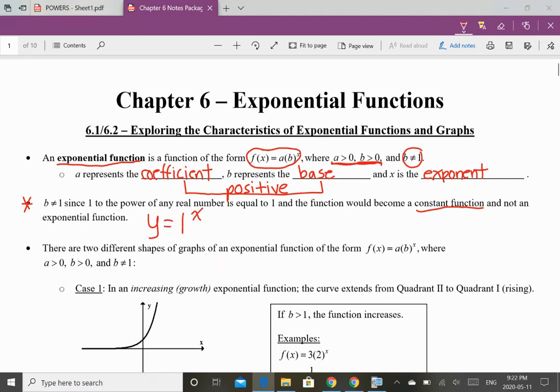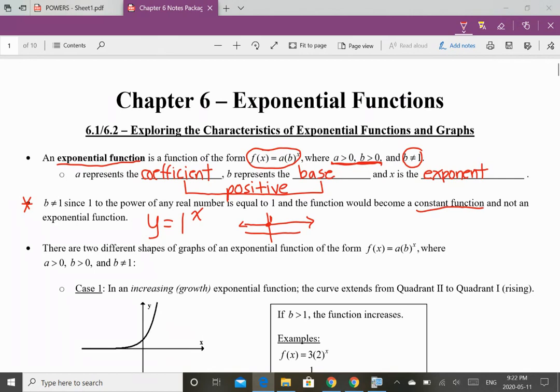Because when we graph 1 to the power of x, it just becomes a straight horizontal line, a constant graph through y equals 1. That is not exponential. So your coefficient and your base will always be positive, and your base will never be 1. Those are what we're dealing with when we deal with the equation of our exponential function.